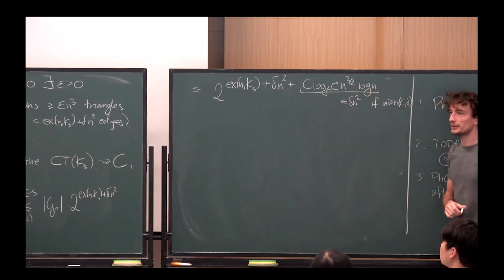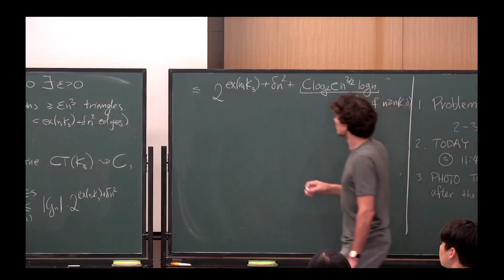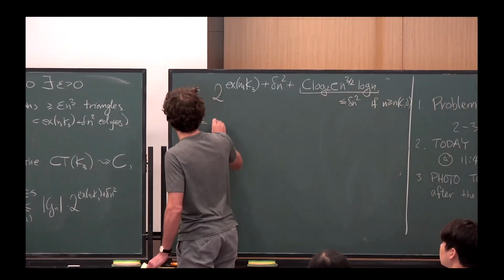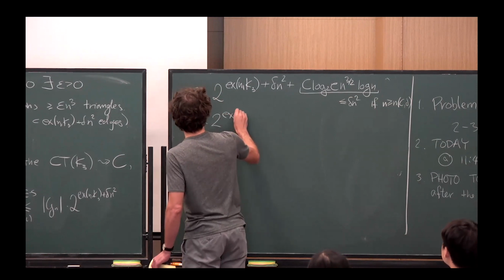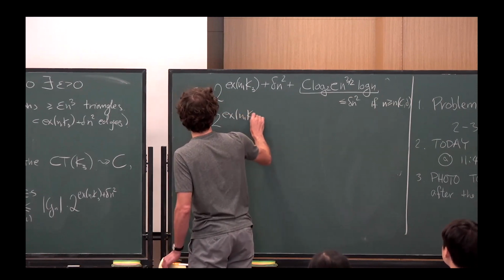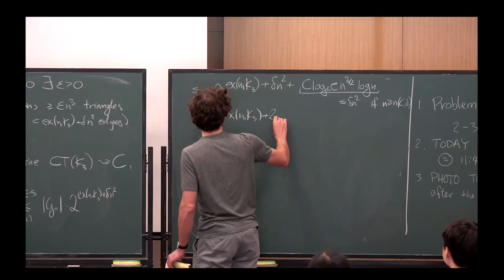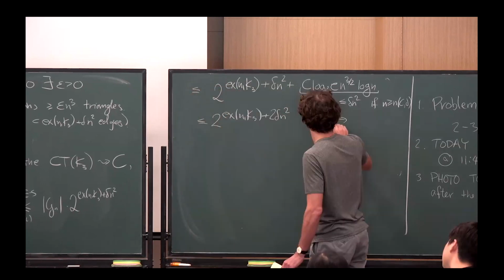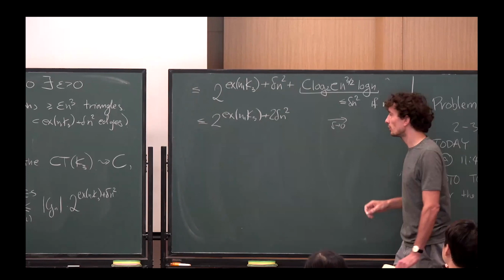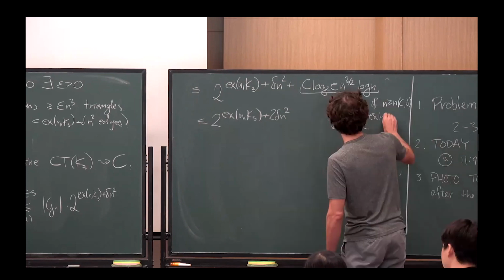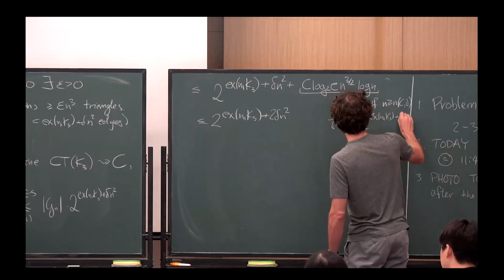So we got 2 to the ex(n, K3) plus 2 delta n squared. And then we just take delta to 0, and this gives us 2 to ex(n, K3) plus little o of n squared.